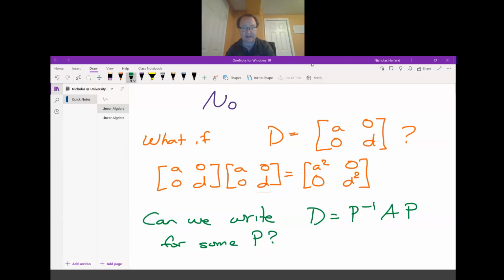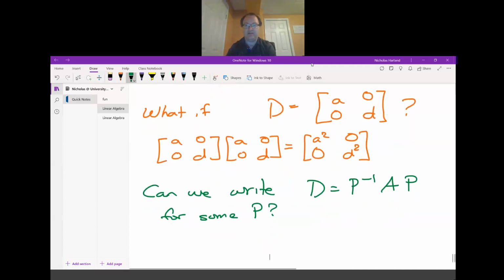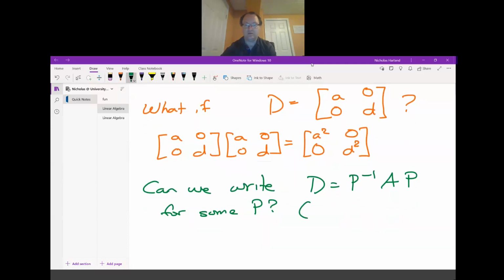If we can, we just rearrange this to A equals P D P inverse. I'll let you think about why these two things are the same if we solve for A. Then A squared is A times A. Note that that's not the same thing as squaring each entry individually.